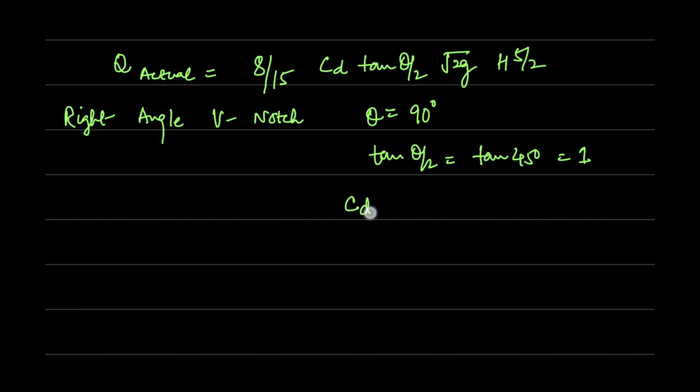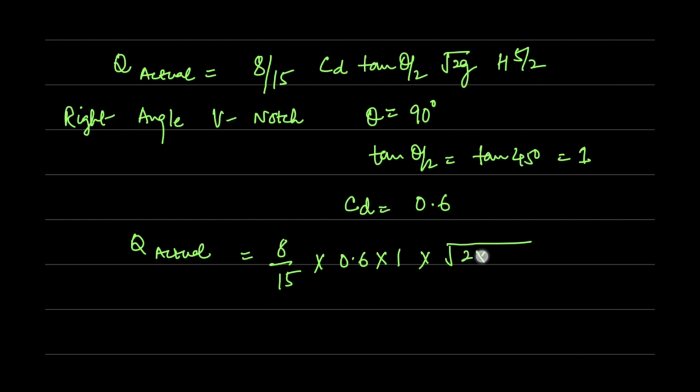And if we take a value of CD roughly equal to 0.6, putting all these values, we can get the equation of actual discharge for a right angle V notch. This value will be 8 by 15 multiplied by 0.6 multiplied by 1 multiplied by under root 2g, and we are taking g as 9.81, and then h raised to the power 5 by 2.